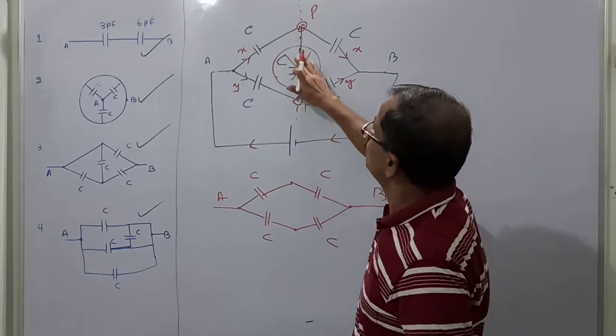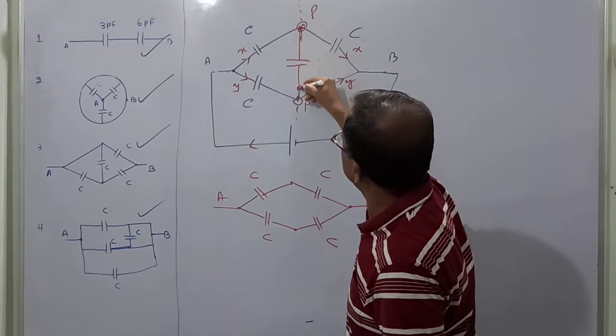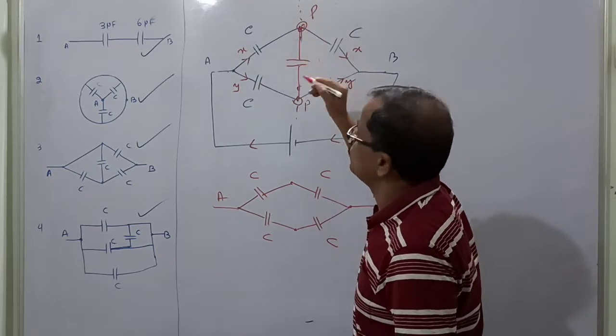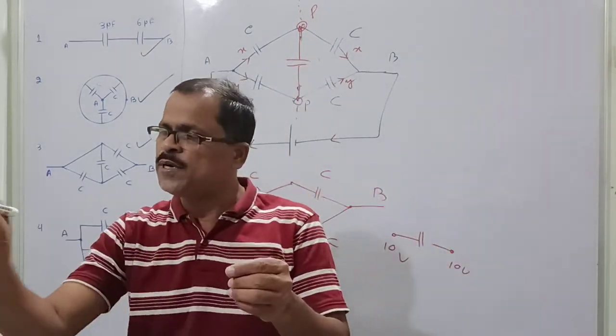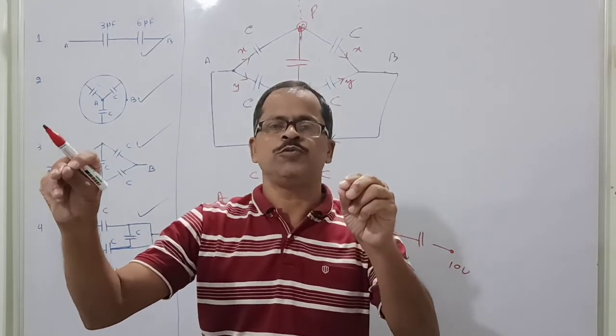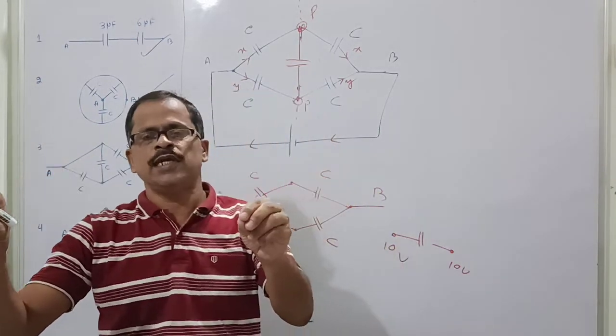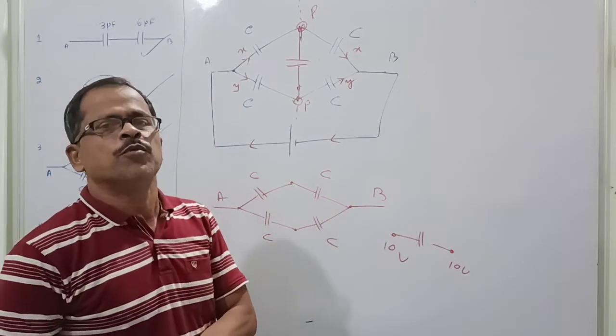Why the same potential? Though here there is a capacitor, current is not going. So what is the condition that no current will flow in a path? Obviously, this potential and this end potential should be the same. If the potential is the same, why would the current flow? Current or charge flows because of the potential difference.